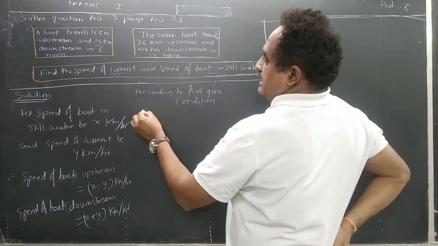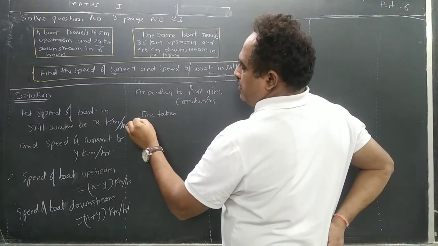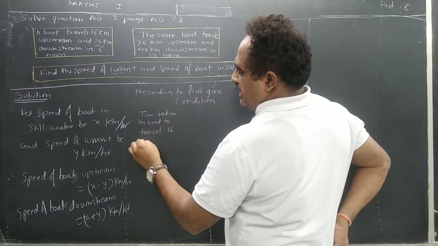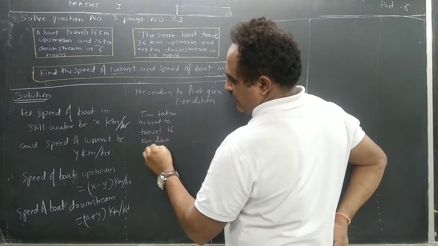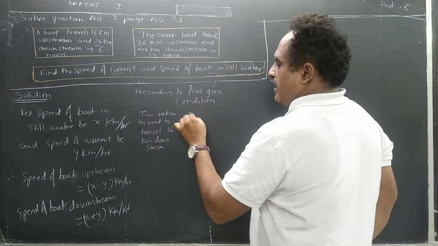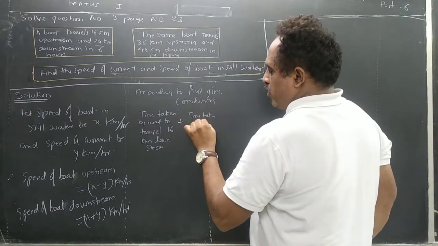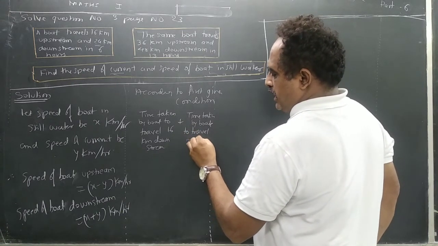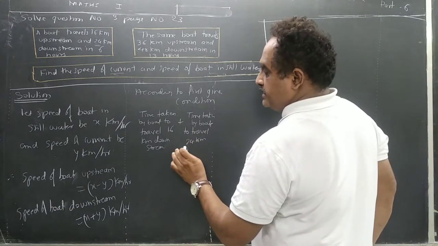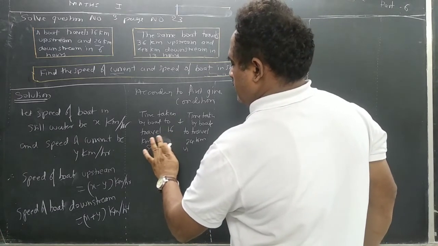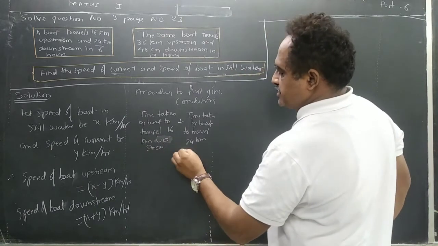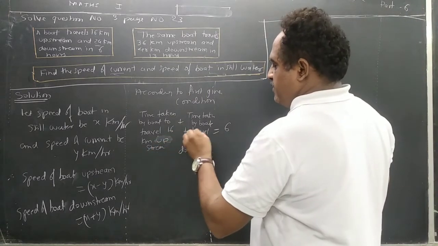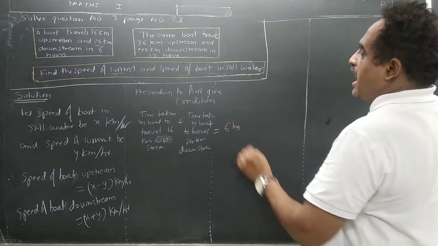So, the time taken by the boat to travel 16 kilometer upstream plus the time taken by the boat to travel 24 kilometer downstream is equal to 6 hours.